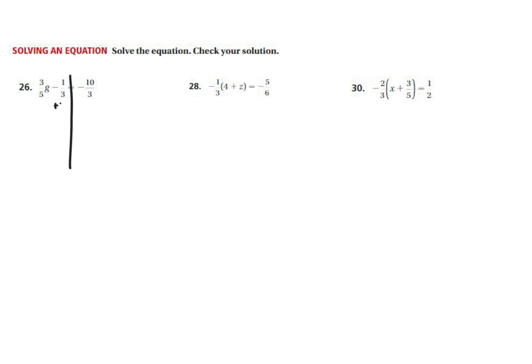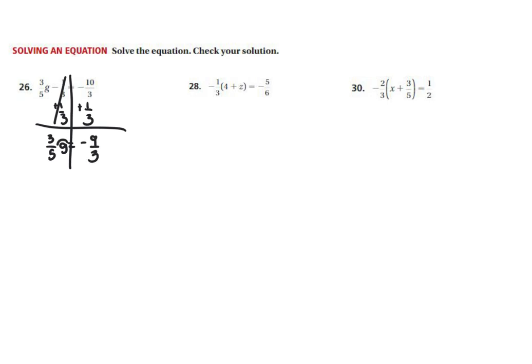So we are going to add 1/3 to both sides. Minus 1/3 and plus 1/3 cancel out, so we're left with 3/5 g. And then over on the right side, we have negative 10/3 plus 1/3, so that's going to be negative 9/3.